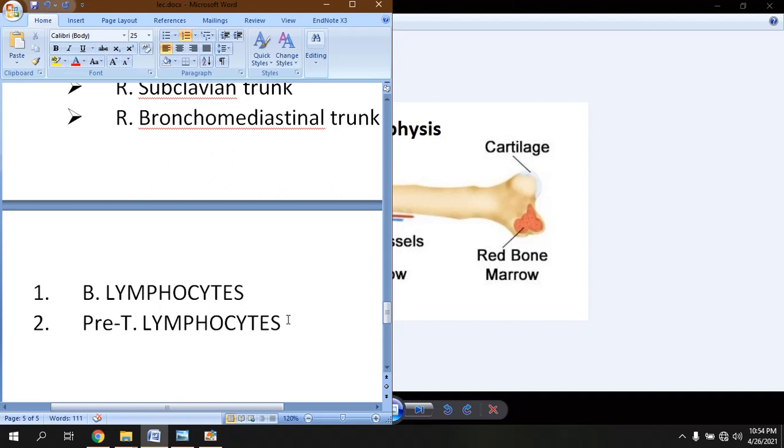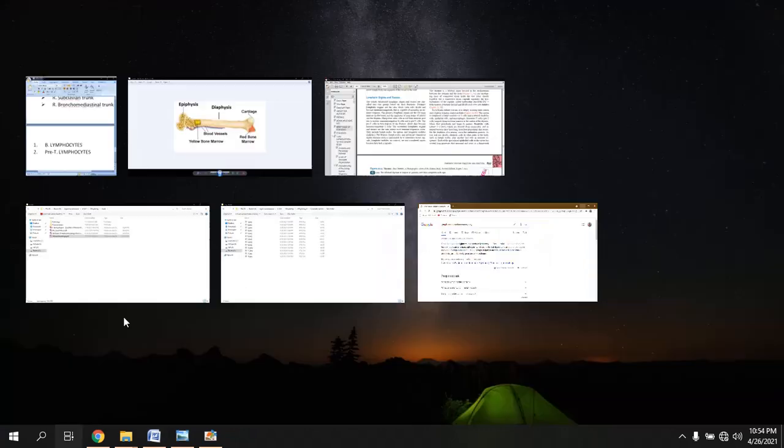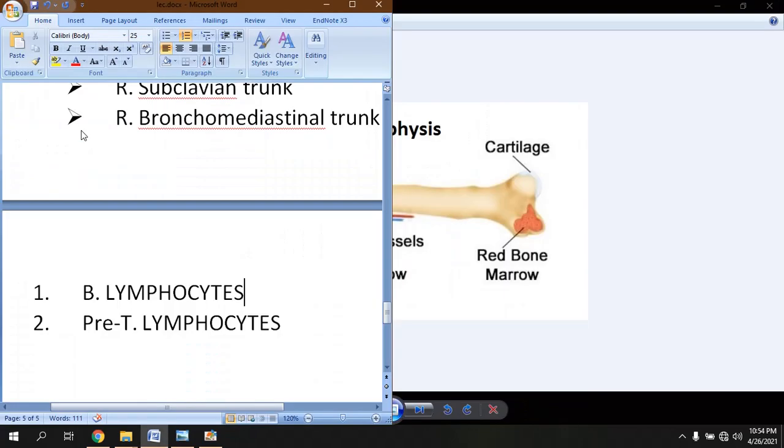But the T lymphocyte synthesized inside the red bone marrow is the pre-T lymphocyte, and it is transferred towards the thymus. Thymus is another primary lymphatic organ, where the maturation of the pre-T lymphocyte takes place.